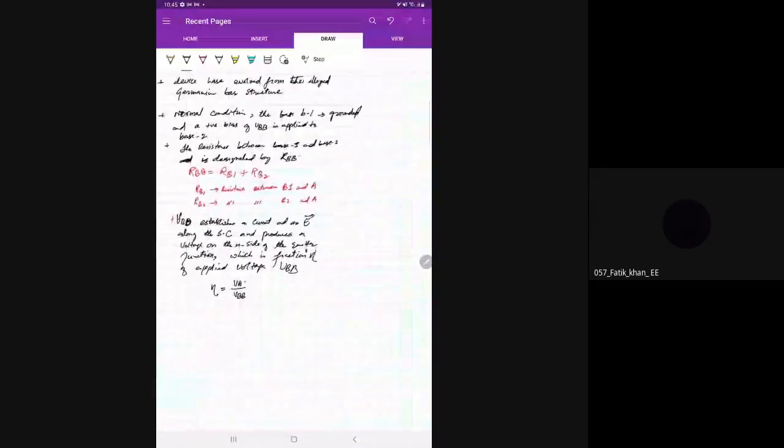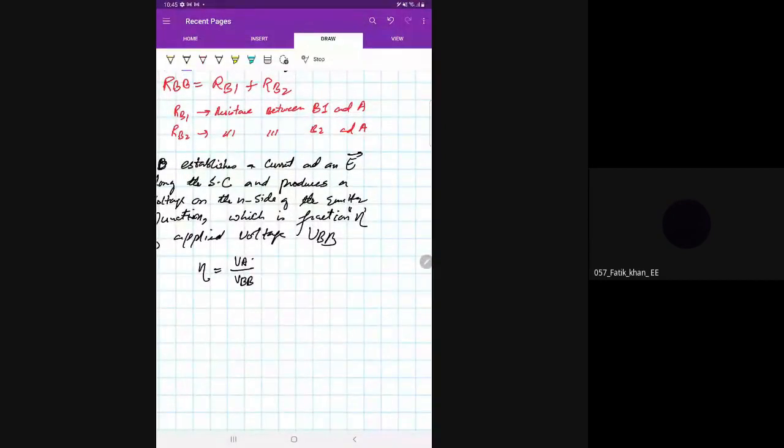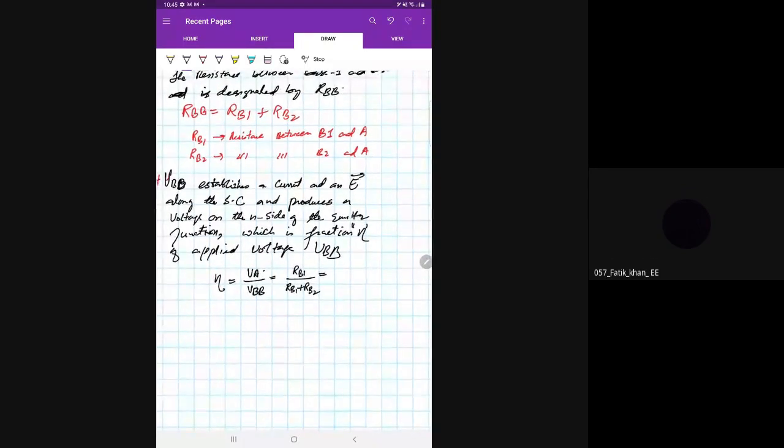So neta is the fraction VA divided by VBB, which is equal to RB1 divided by RB1 plus RB2. What is RB1 plus RB2? It is equal to RBB. So we can write it as RB1 divided by RBB.